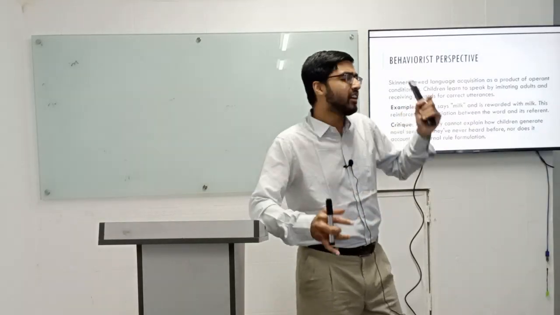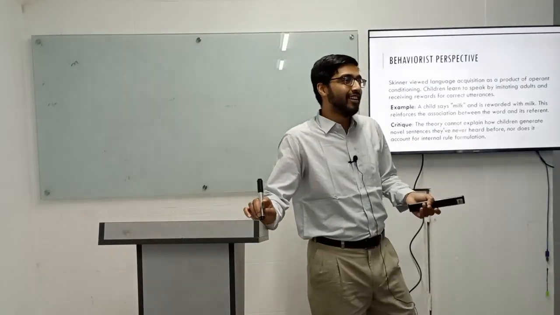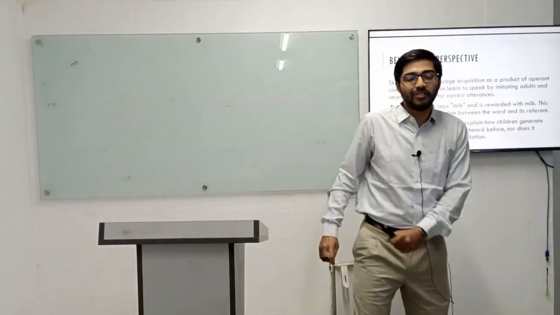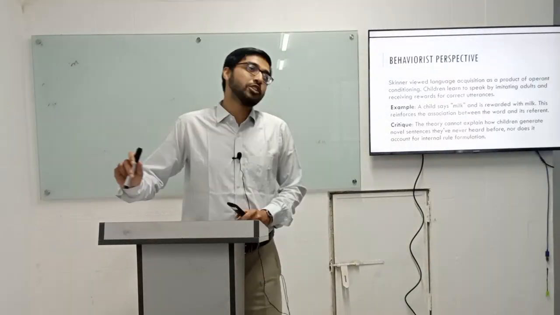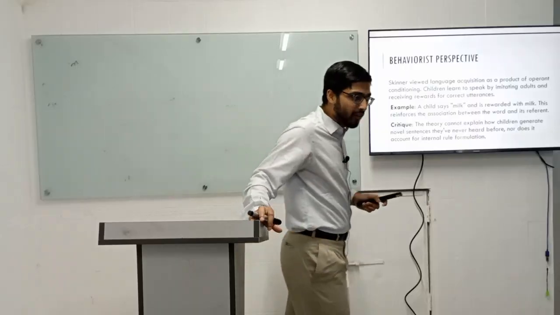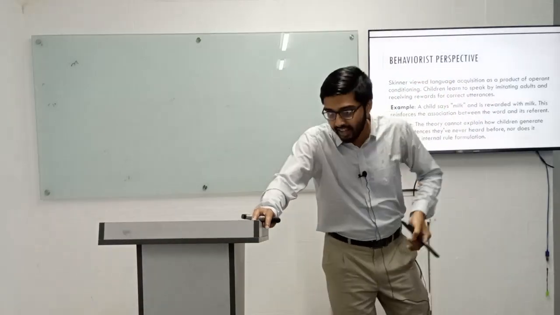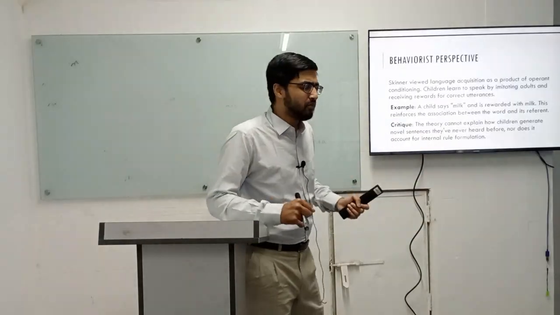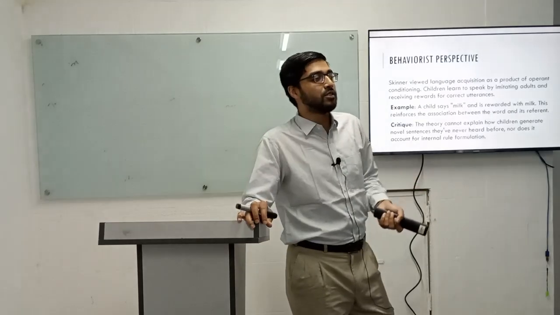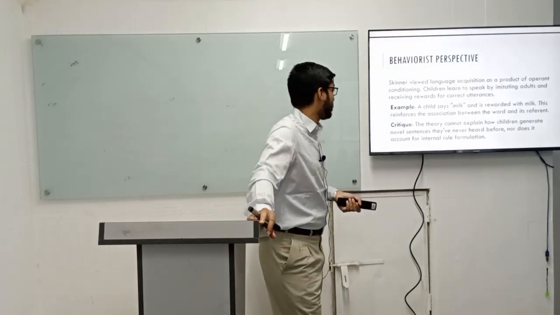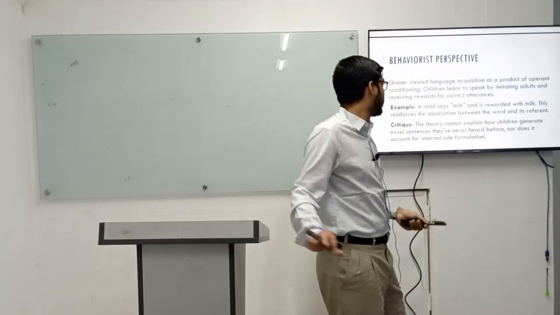Then if he could say milk, I could reward him with milk, or maybe chocolate. Well, this is not a good example with milk, they do not like milk. Maybe chocolate. If I say, come on, say chocolate, if you can say chocolate, I will give you a bar of chocolate. Then he tries very hard and says it. Voila, I give it to you, a bar of chocolate. So reinforcement is connected to rewards.